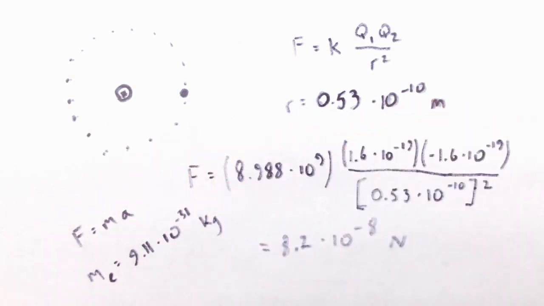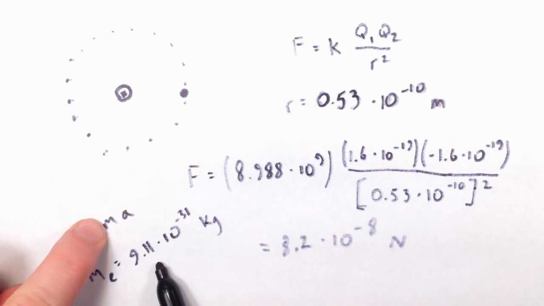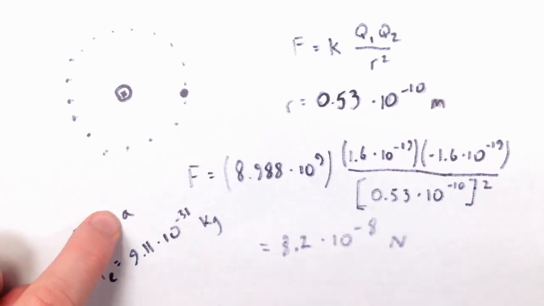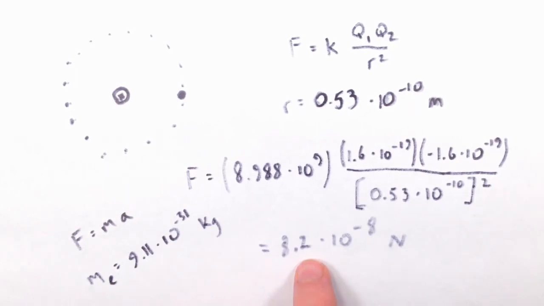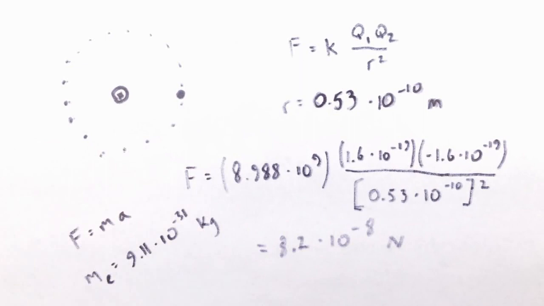So even though that force is really tiny, when you consider the mass of the electron, negative 8 exponent on this side, negative 31 over here, to get from negative 31 all the way up to negative 8, the exponent of this acceleration is going to be 23. So it turns out actually that force is extraordinarily huge on an atomic scale.